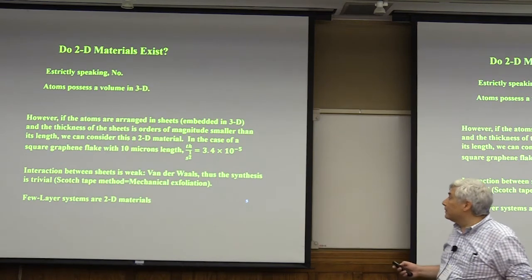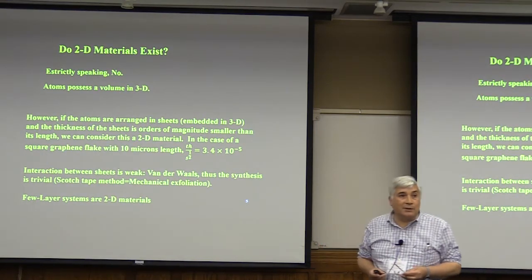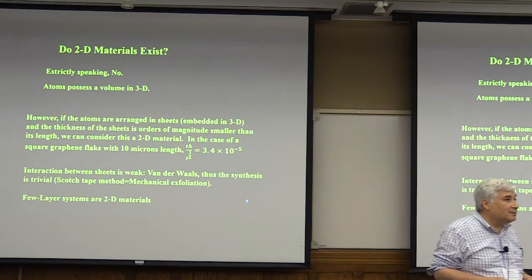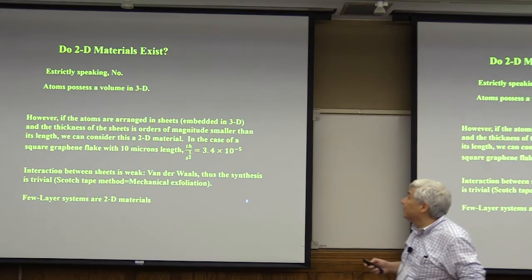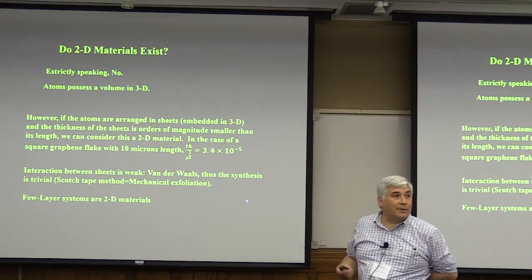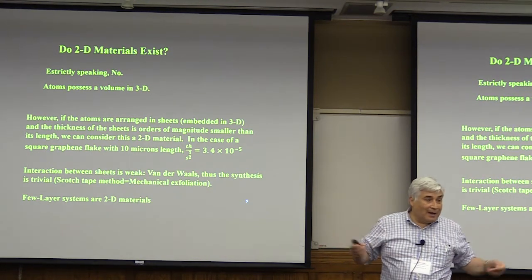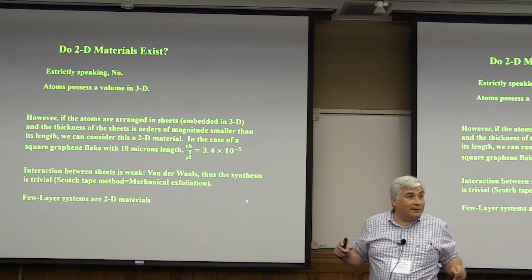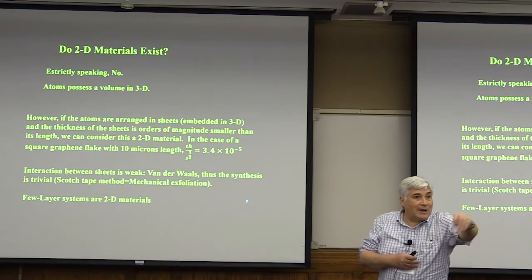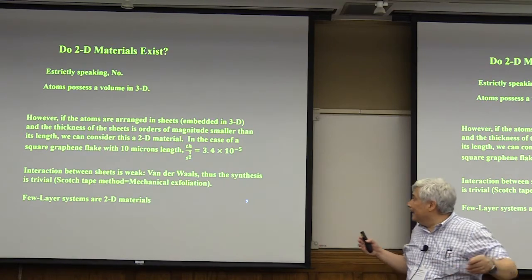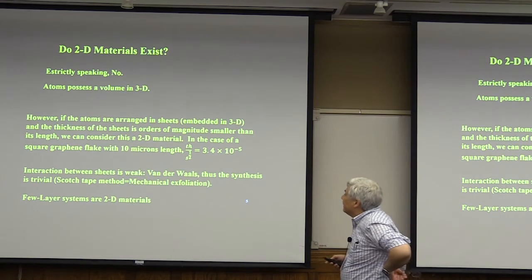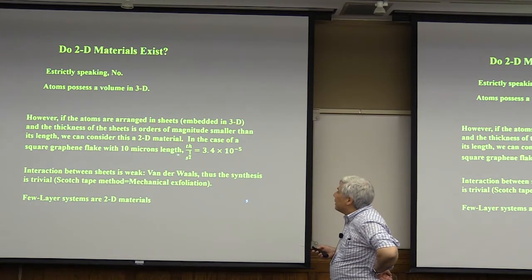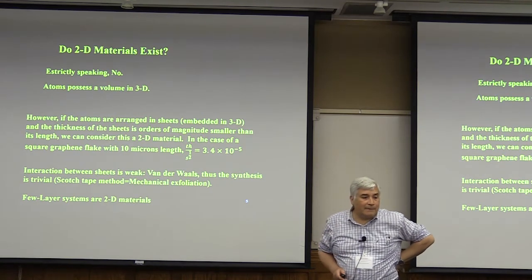So it is a very small number. So graphene, three-dimensional atoms forming a three-dimensional structure embedded in three dimensions, is, strictly speaking, a three-dimensional structure. But due to the fact that it is very thin compared with the length of your system, it can be considered a two-dimensional material.